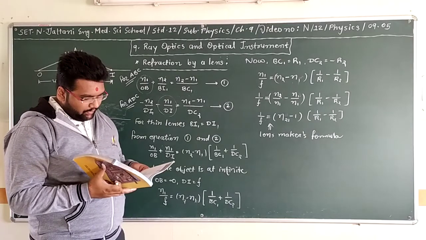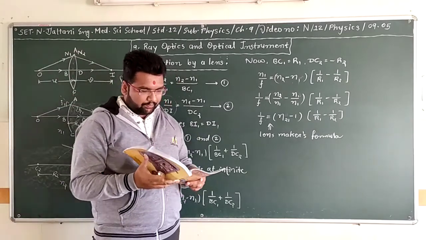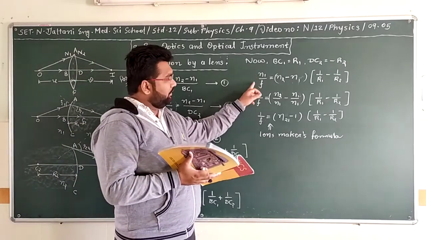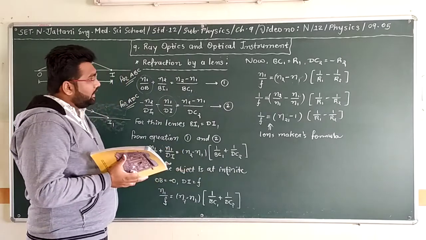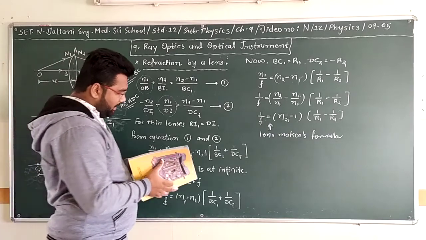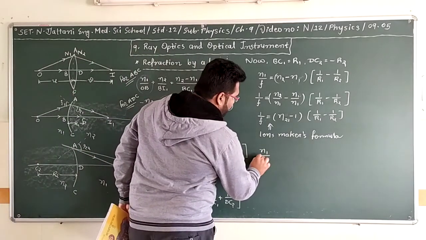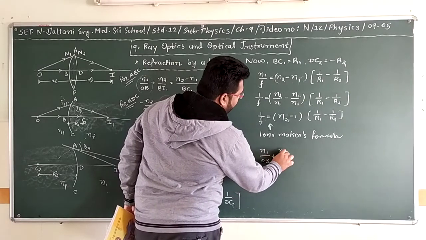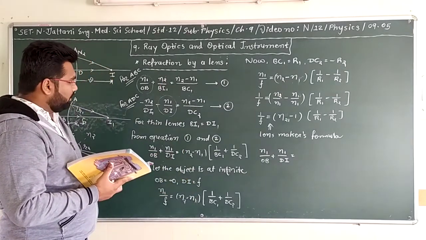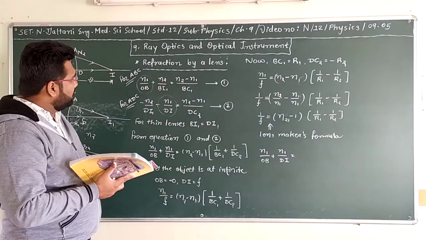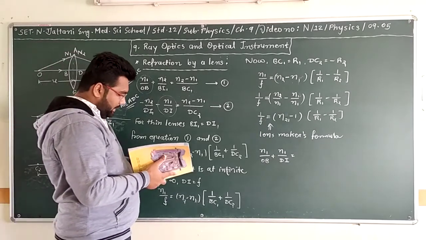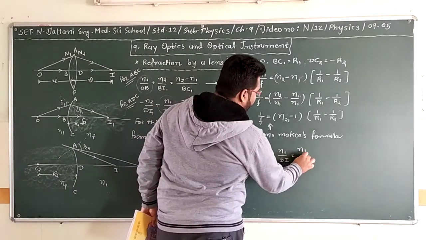Now from these two equations, we can write n1 upon OB plus n1 upon di is equal to n1 upon f.